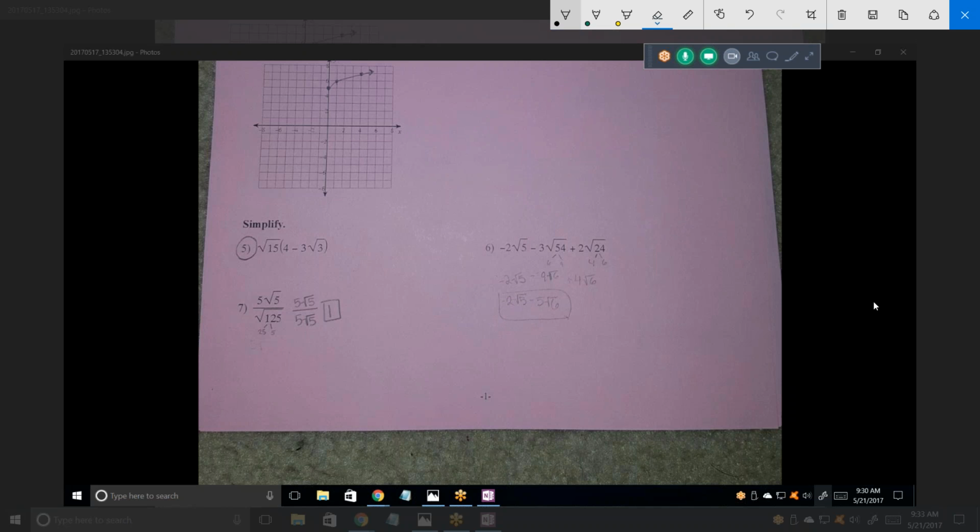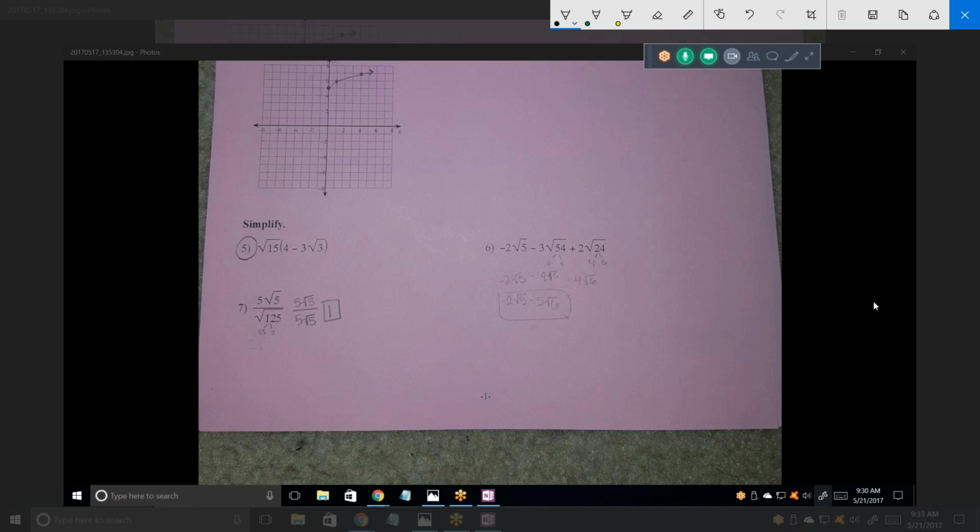If I go ahead and distribute it, I get the 4 root 15 minus, and then I could separate it at that point into this, and then I'll end up getting my 9 that way. That's probably the easiest way to look at that problem. Not to separate it first, but separate it last.